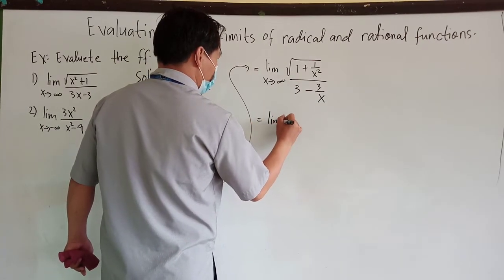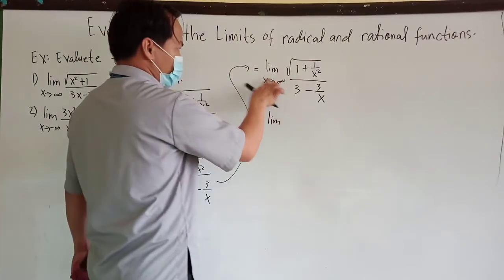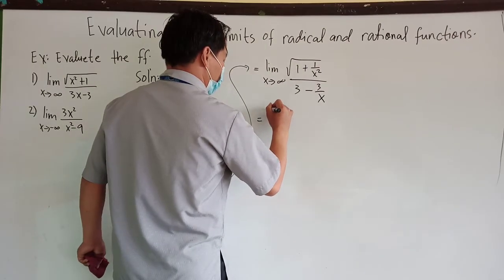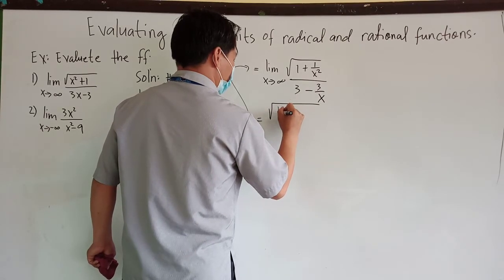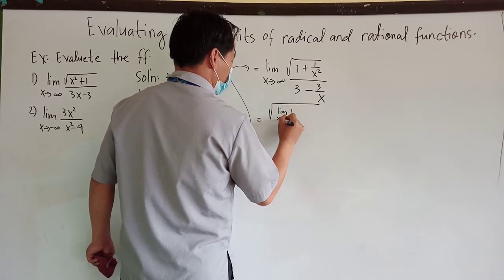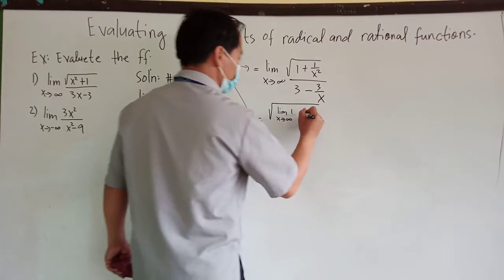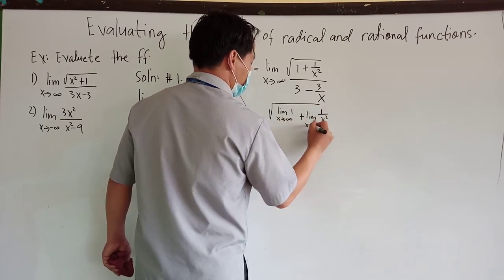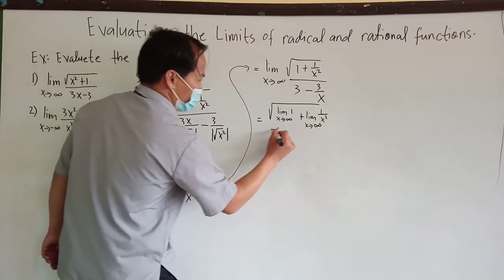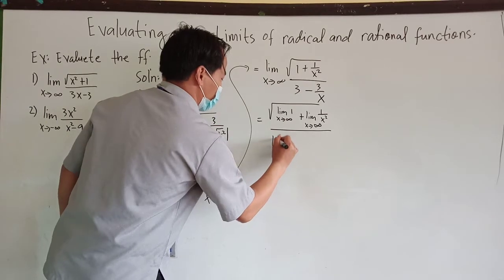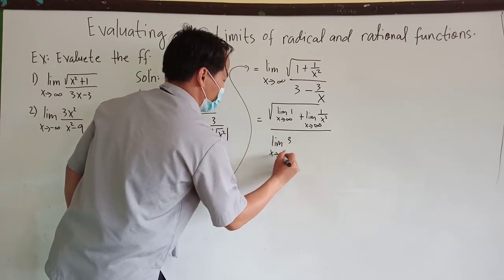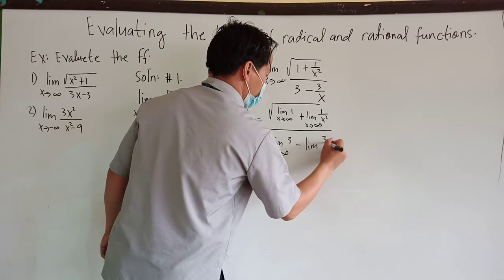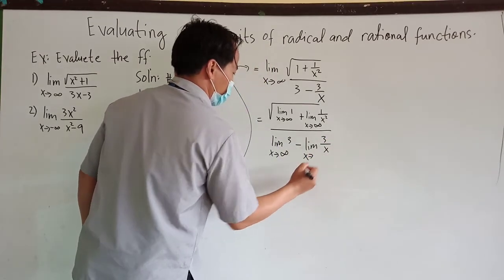We have the square root of limit of 1 as x approaches infinity plus limit of 1 over x squared as x approaches infinity, over limit of 3 as x approaches infinity minus limit of 3 over x as x approaches infinity.